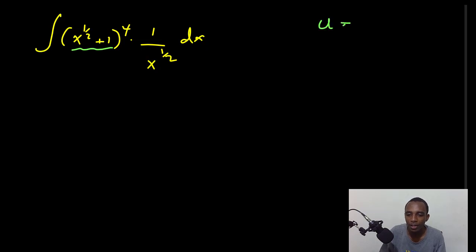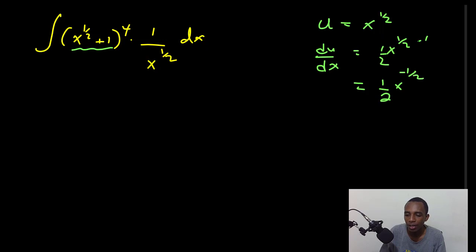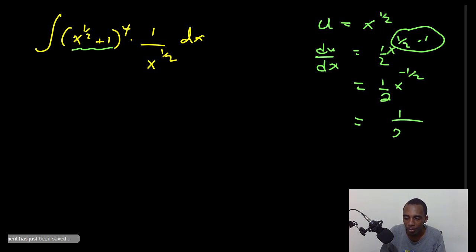If I let u be x to the power 1/2, then du/dx is going to be 1/2 x to the power 1/2 minus 1, which is 1/2 x to the power negative 1/2, basically 1 over 2x to the power positive 1/2. So this is du/dx.